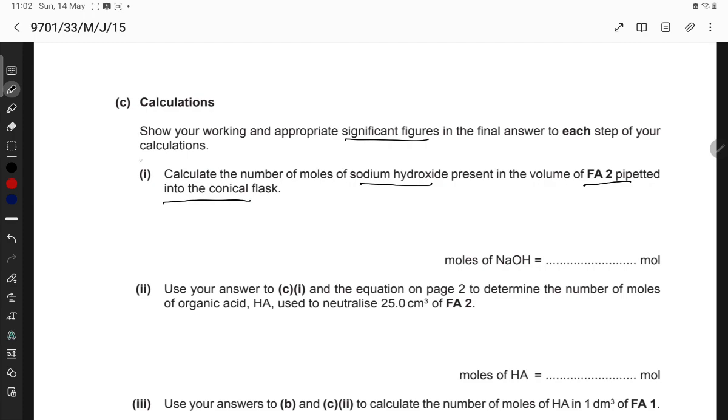So moles is equal to concentration into volume.